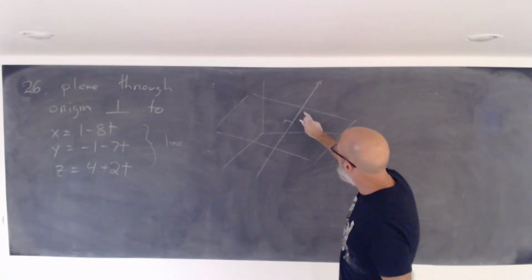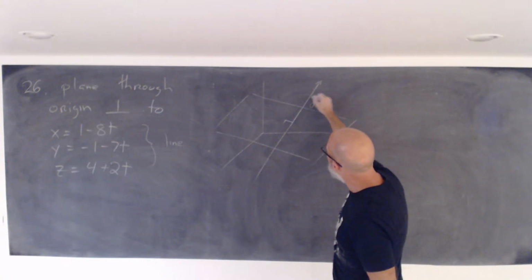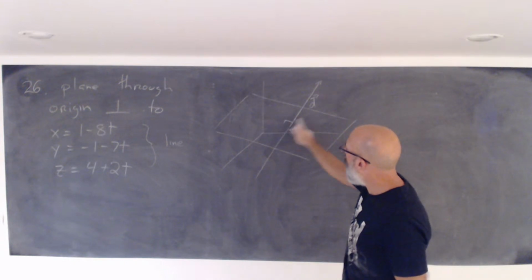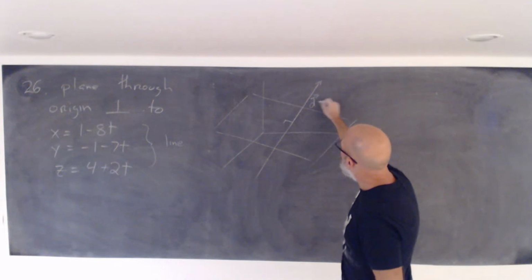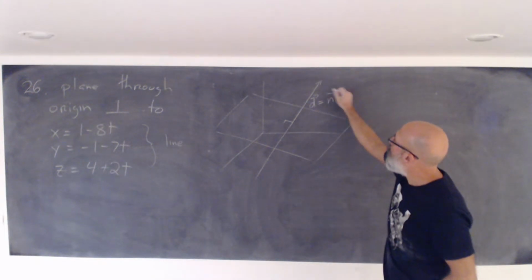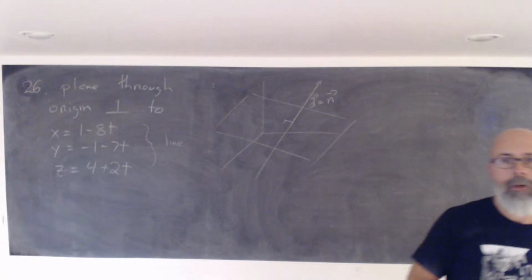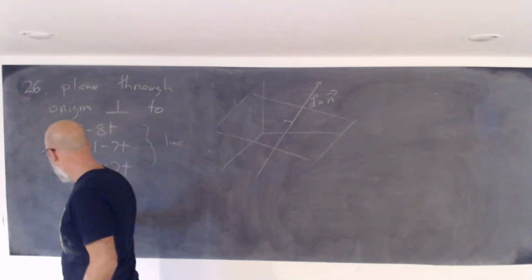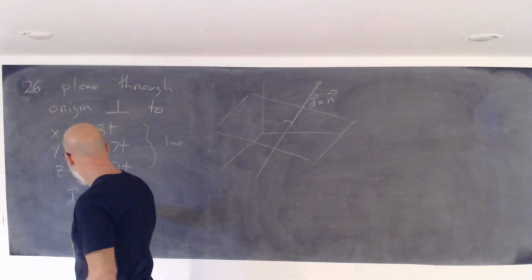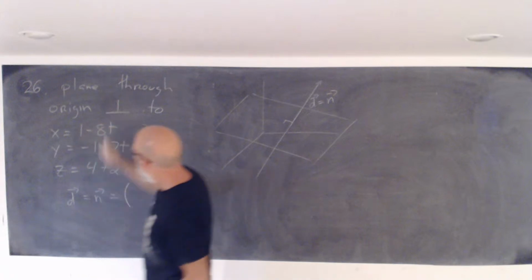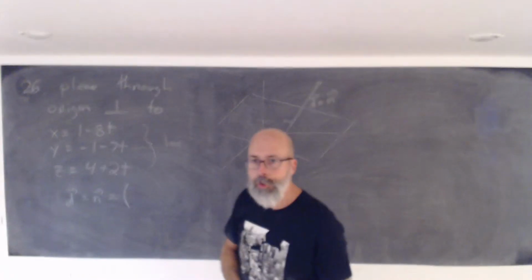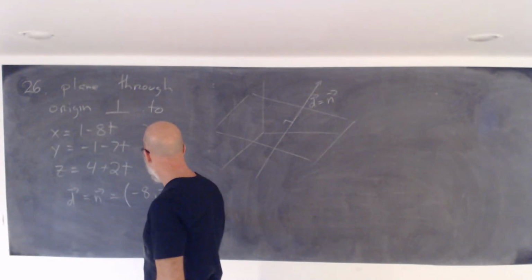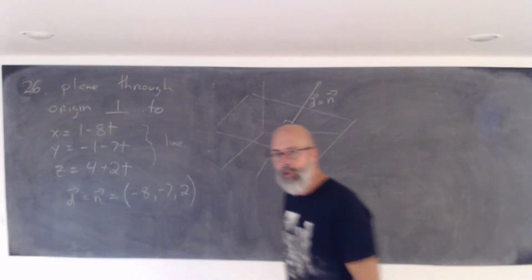Here, when you're given a line, you're really given a direction vector, and the direction vector needs to be orthogonal to your plane. So the direction vector should be the normal to your plane. What is the direction vector here? The direction vector is the coefficients multiplying t. So direction vector minus 8, minus 7, 2.